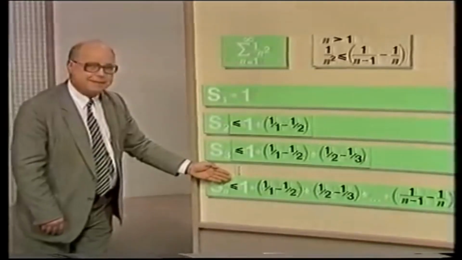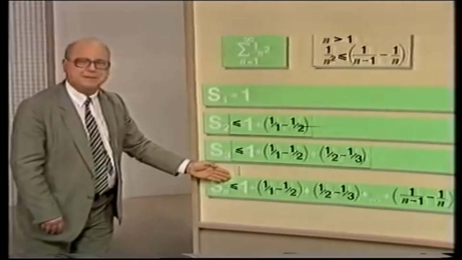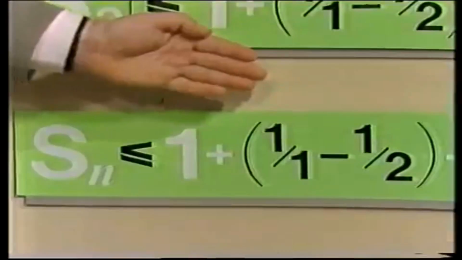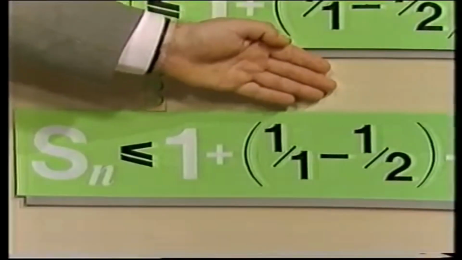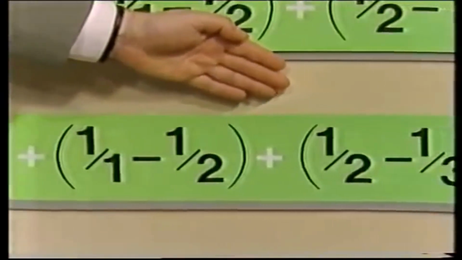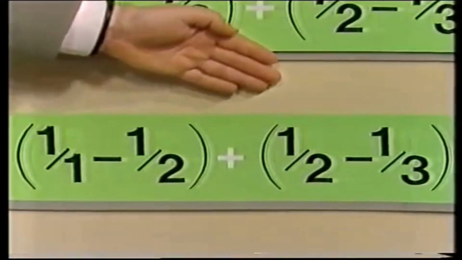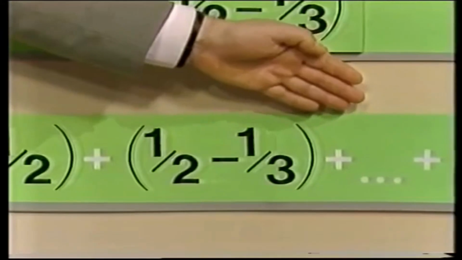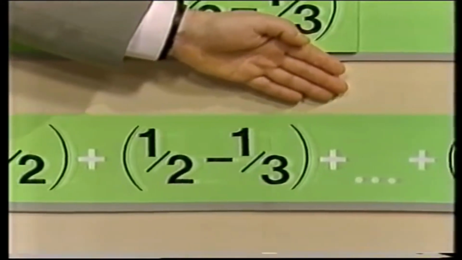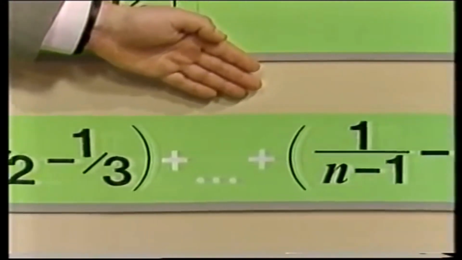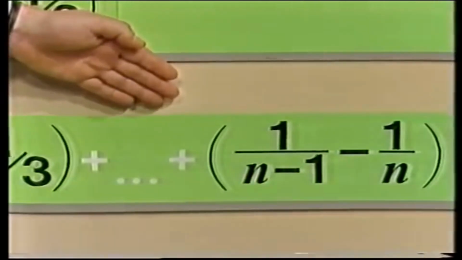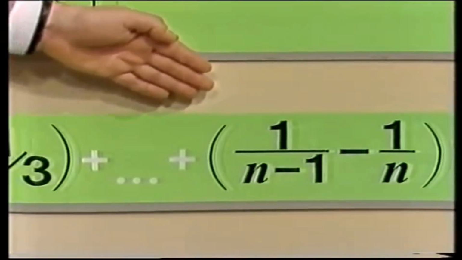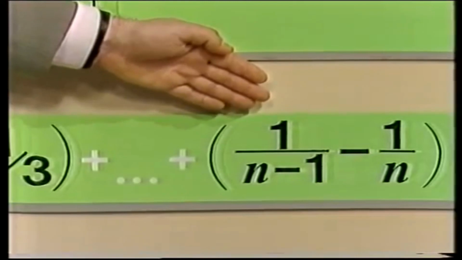Now you can use telescopic cancellation to simplify this expression. The minus half in this bracket cancels with the plus a half in the next bracket. The minus a third here cancels with the plus a third in the next bracket, and so on. And finally, the minus 1 over n minus 1, which would be in the second last bracket, cancels with the plus 1 over n minus 1 here.